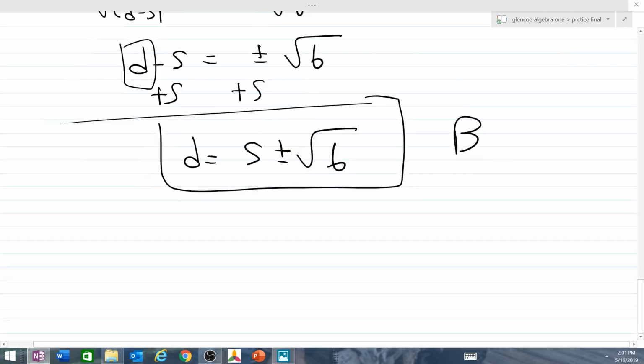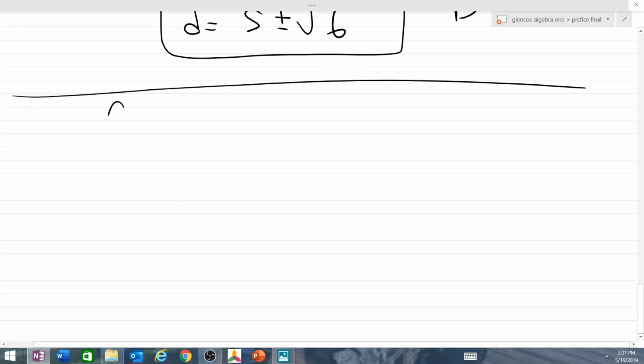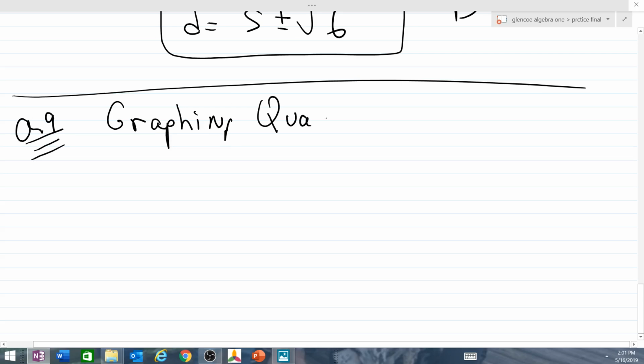All right, moving on. Let's get into graphing quadratic equations. I think this is the end of chapter 9, if I'm not mistaken. Yeah, I'm pretty sure this is chapter 9 still. The equation of a quadratic is y equals ax squared plus bx plus c.